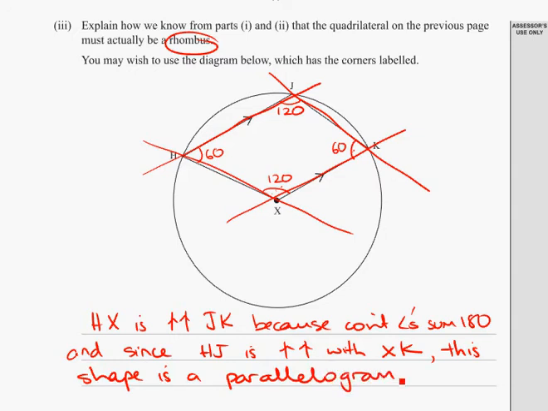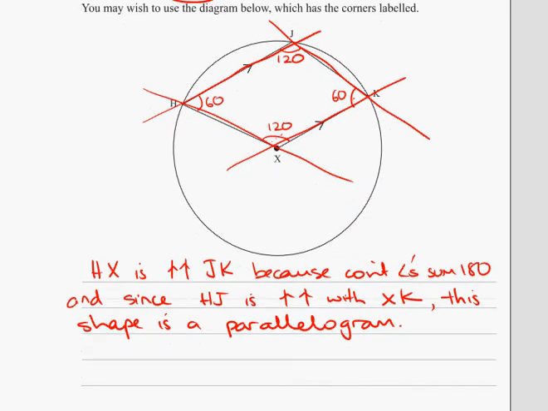Right, now to show it's a rhombus, we're going to need to show that all four sides are the same size. Well, it's clear that HX is the same size as XK, and that's because they're both radiuses. This is a radius and this is a radius.